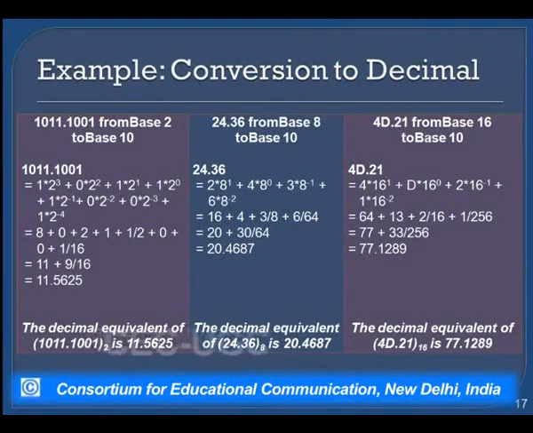A similar way is applied if you want to convert from octal or hexadecimal to a decimal number. The only difference is that the base has changed. For octal the base will be 8, and for hexadecimal the base will be 16.